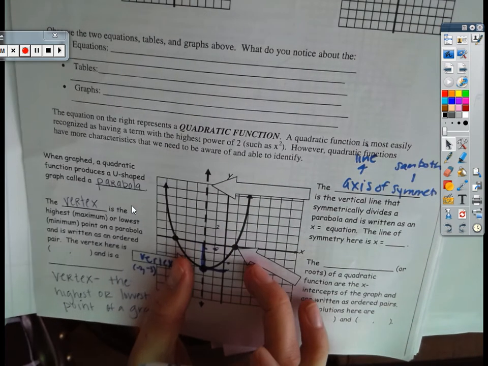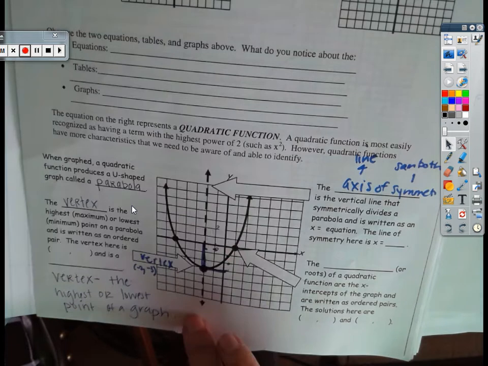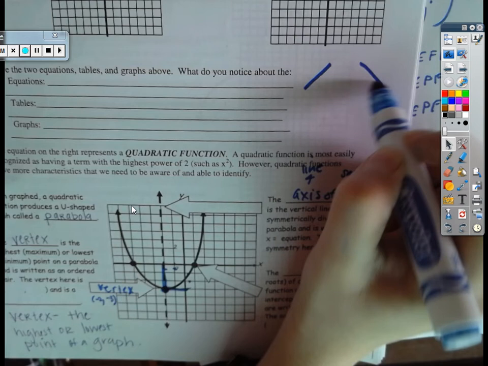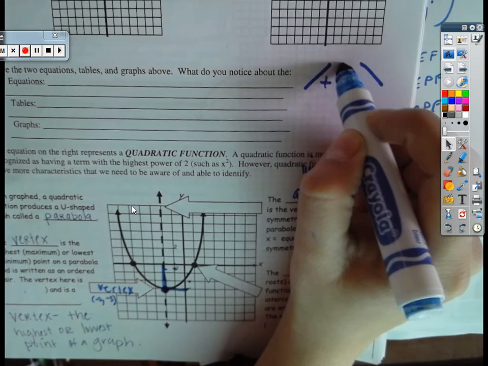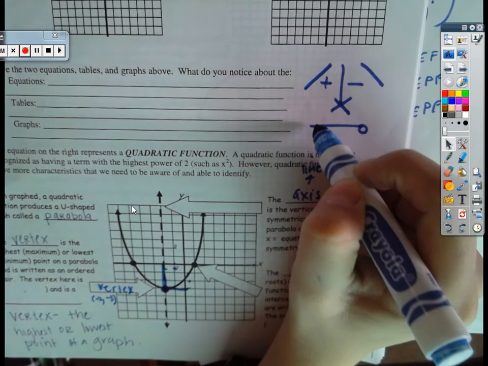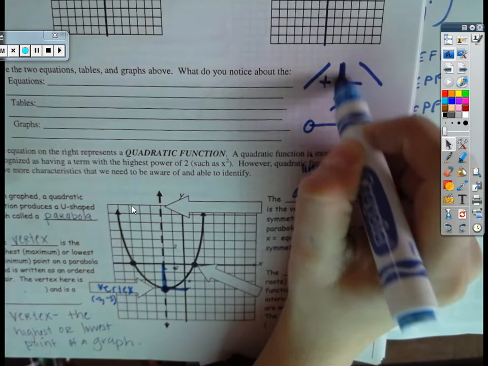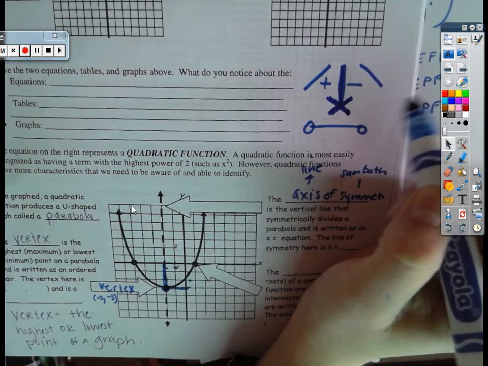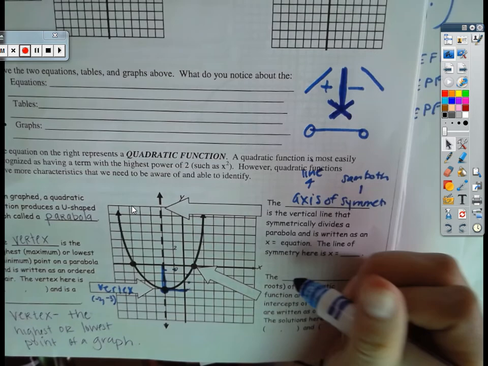This line that we have, when it's a vertical line, think back to slope. If you have a line up and down, you write that as x equals because it's a vertical line. So you write x equals. Now, what's the x of this?